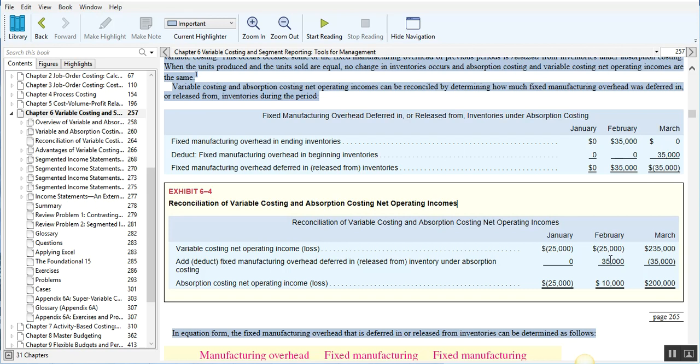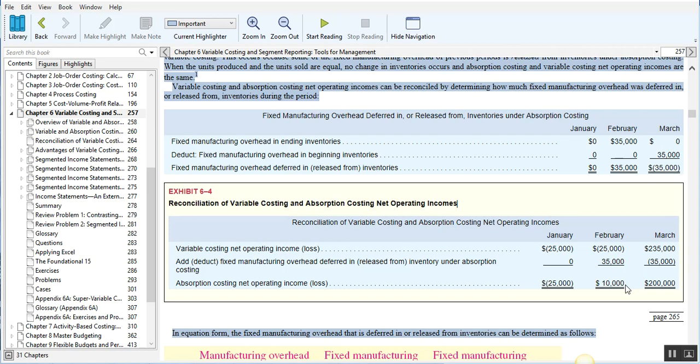So you start with a loss in February, but this $35,000 difference really relates to the one additional product that was manufactured. And remember, we divided the fixed overhead by 2 instead of 1. Therefore, the fixed overhead was cut in half, and this $35,000 then is deferred out till March. So because of that, the difference between variable and absorption is $35,000. And so we show net income in absorption at $10,000 for that month.